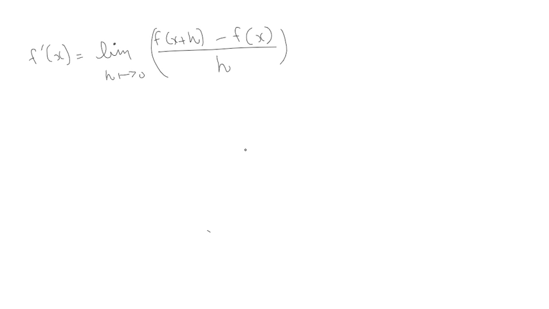So I'm gonna just write it down once more so that you guys don't get confused. So we know that the derivative at the point x is given by the limit as h approaches 0 of f of x plus h minus f of x divided by h. That's something that's very important.